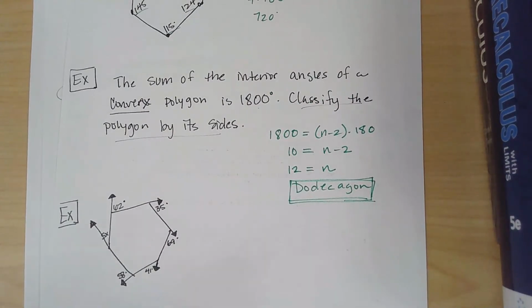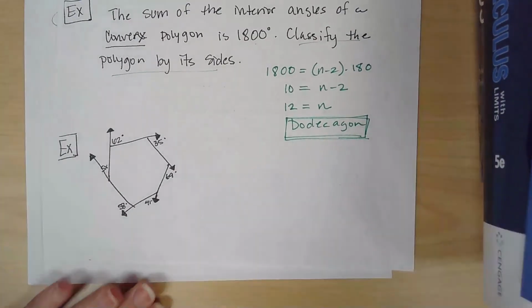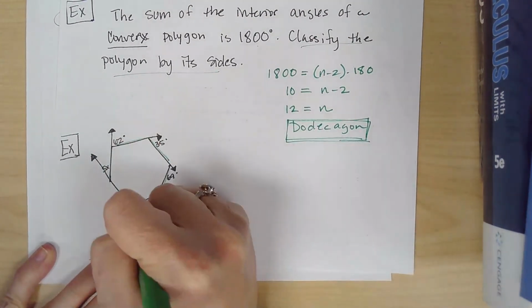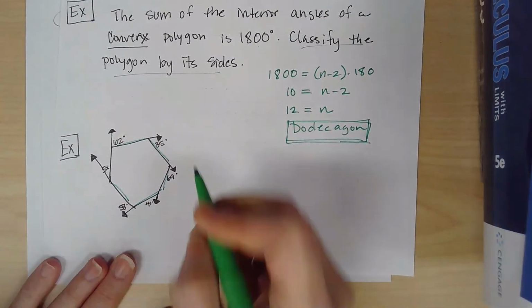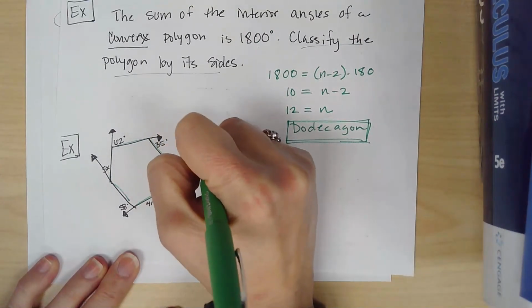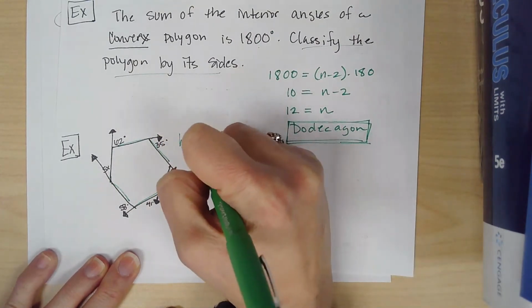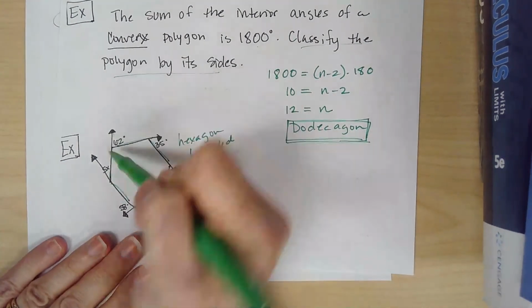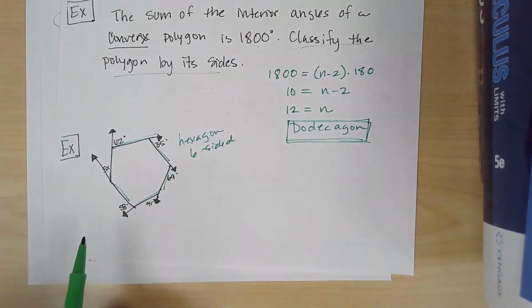Go back to this sheet. On this sheet, I gave you this polygon. This is a 1, 2, 3, 4, 5, 6. This is a hexagon because it's six-sided. I used that above as well. This time I extended all my sides out and made those exterior angles.